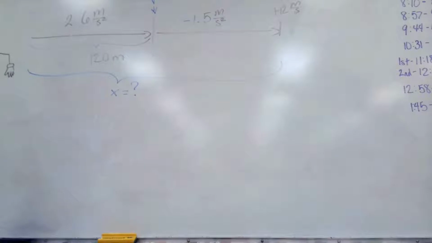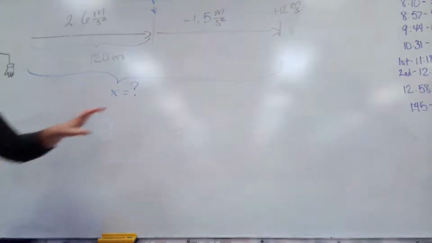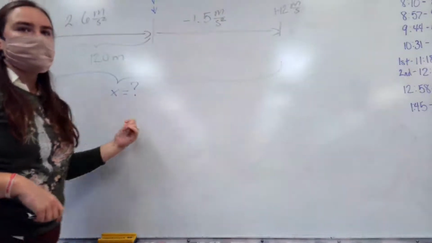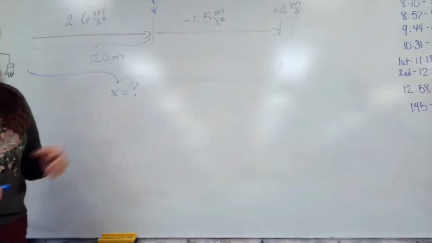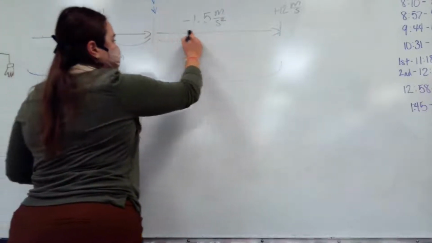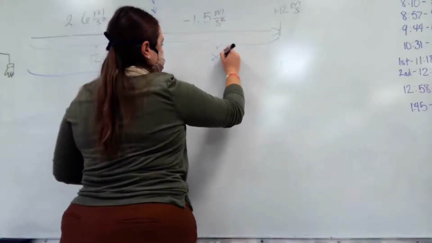So that's one thing we need to find. What do we need to find here to be able to find this distance? How many meters? We need to find the distance here. So that's another thing we need to find.